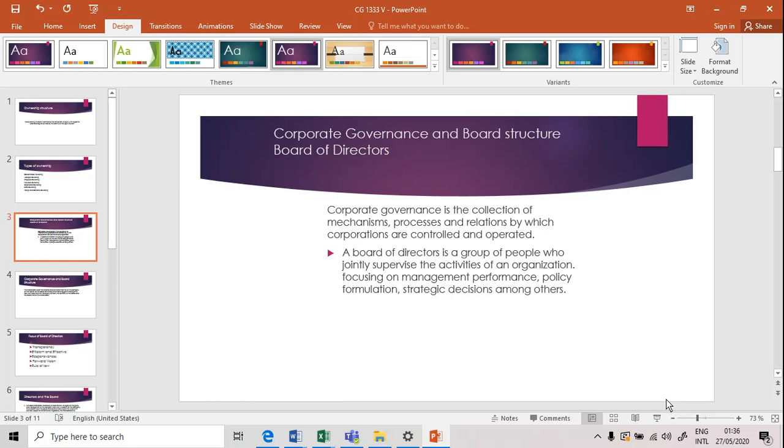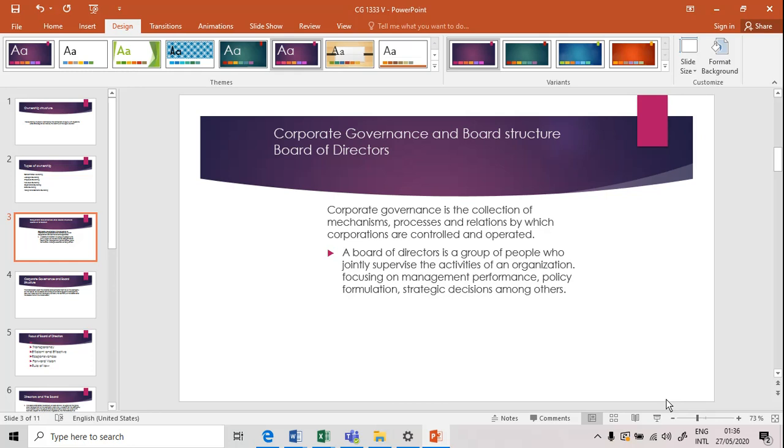Therefore, a board of directors is a group of people who jointly supervise the activities of an organization, focusing on management performance, policy formulation, strategic decisions, among others.